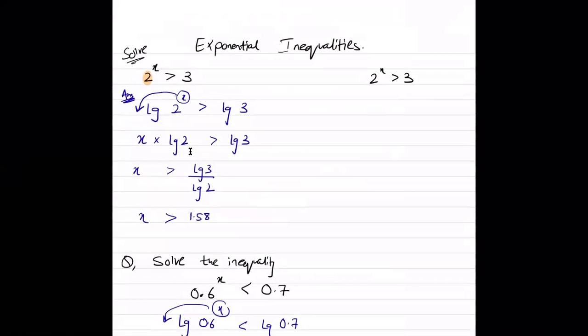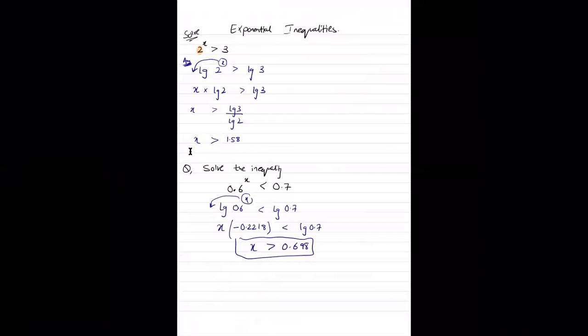We usually apply ln when we have a natural exponential function. For example, let's say e raised to the power of x is greater than 3. If you're asked to solve this inequality, you can apply ln on both sides.